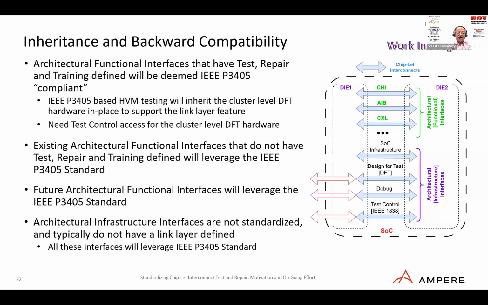Okay, and if we get this right, what I would go back and say is that for anything new that you come up with, any architectural functional interfaces, don't worry about the test and repair part of it. We have already standardized it. Simply leverage it. Okay. And then there are a lot of architectural interfaces that are not standardized, for example, your DFT, your debug. Now, all of these, we say that you should go and leverage the new standard that we are developing.